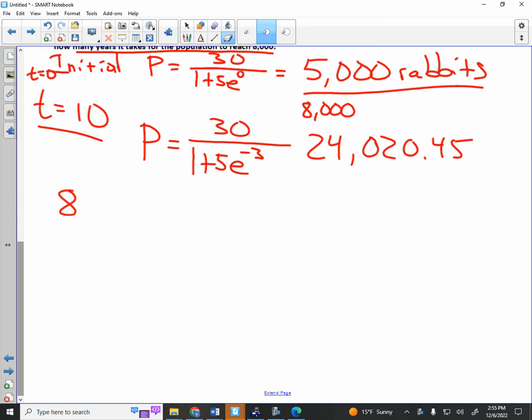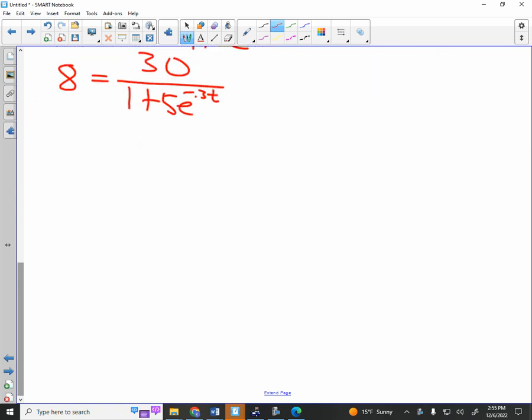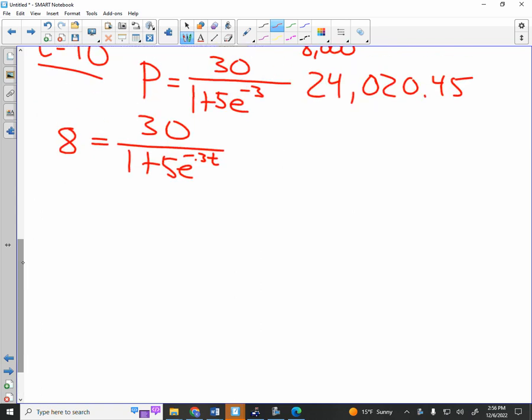Exactly. 8 is equal to 30 over 1 plus 5e to the negative 0.3t. This was similar to a question you had on your assignment from yesterday. How would you go about solving that? Eight over 1, now what?